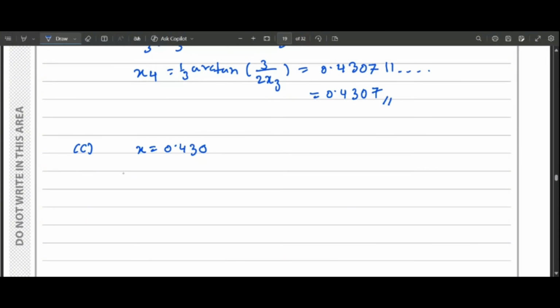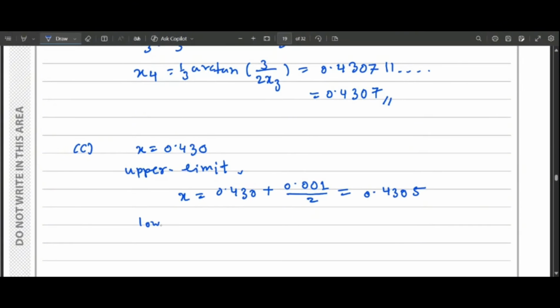So we can find the upper limit as 0.430 plus 0.001 divided by 2. This will give us the upper limit of 0.4305.